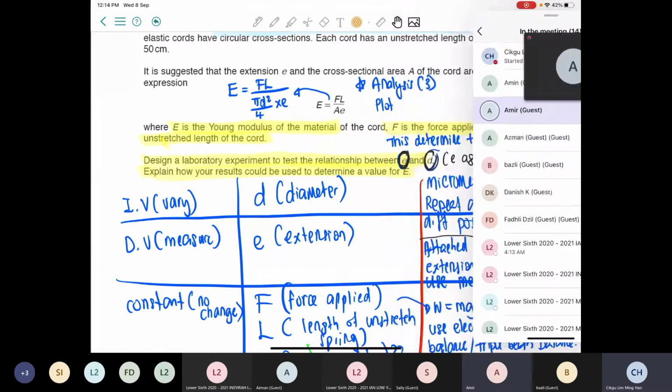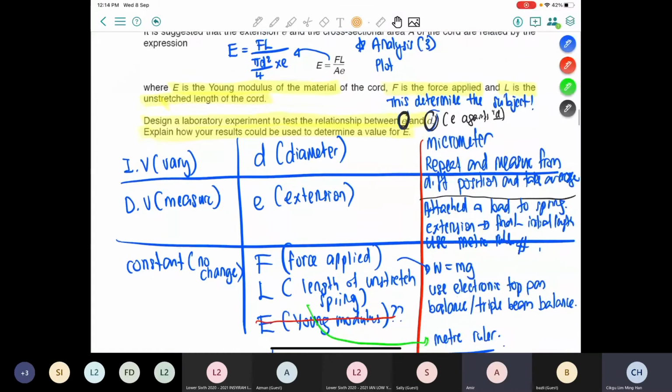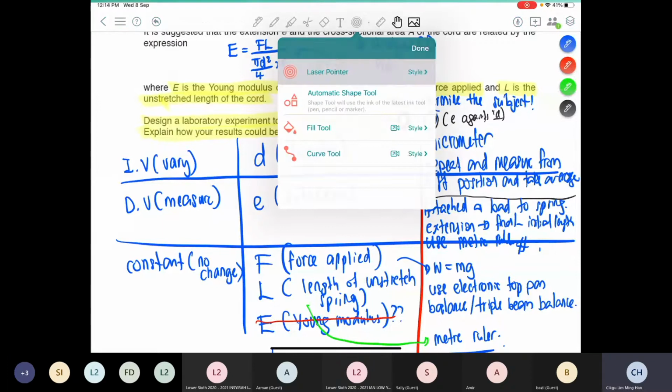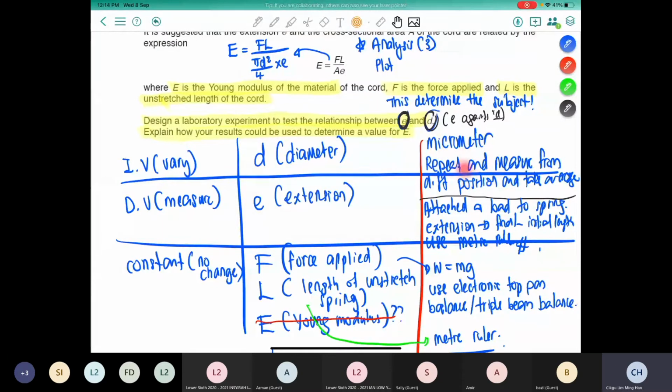Sir, how do we find the precaution for the experiment, like how to make it safe? Precaution, you need to have a very comprehensive revision on this Paper 5.